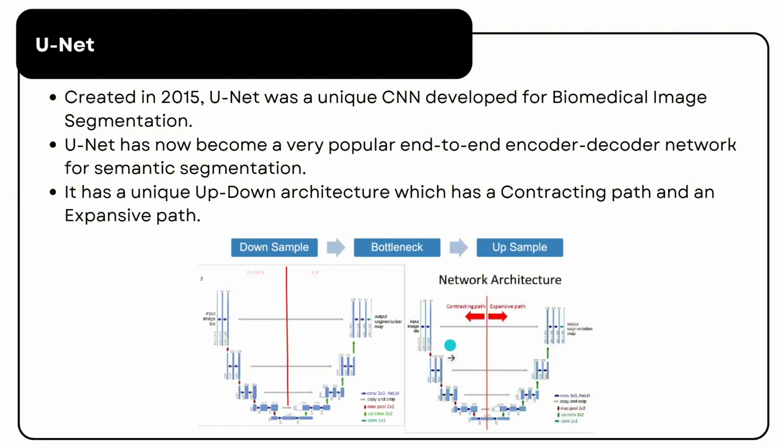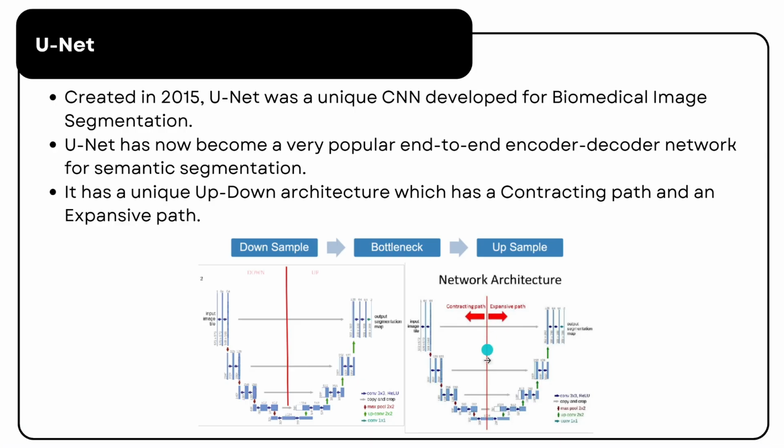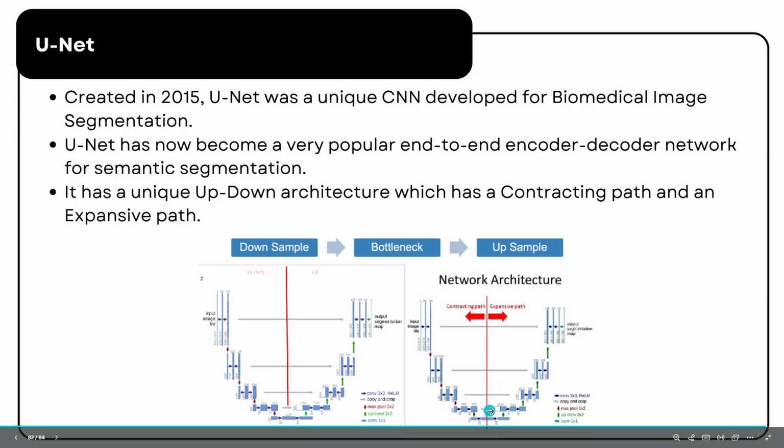This part reduces the spatial dimensions of the image while capturing high-level features. Then in the middle here is the bottleneck, which holds the most compressed form of the features, as you can see here, which holds most of the feature information.